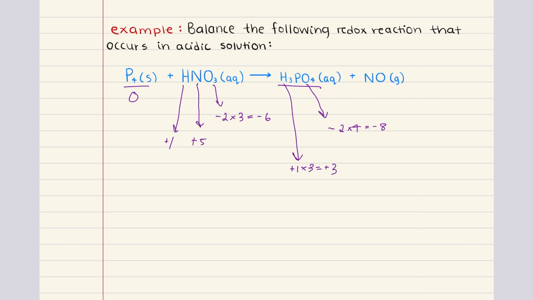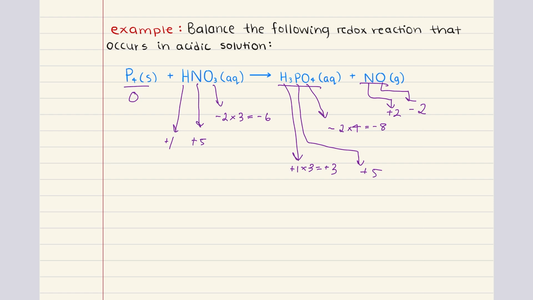To ensure that the sum of the oxidation numbers equals 0, we have to assign phosphorus an oxidation number of +5. So now we have +3 + 5 gives us a total of +8. +8 minus 8 equals 0. Then we also have nitrogen monoxide in the product. Oxygen has an oxidation number of -2, and nitrogen +2. +2 minus 2 equals 0.